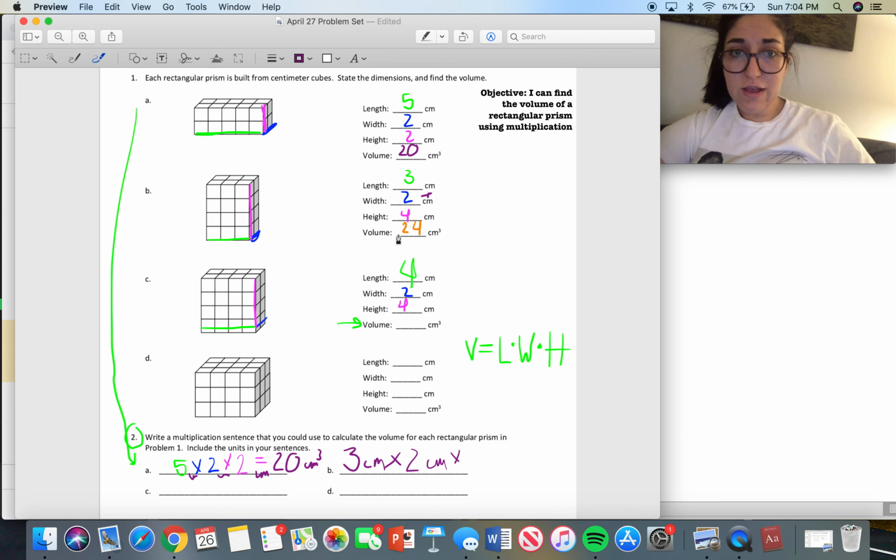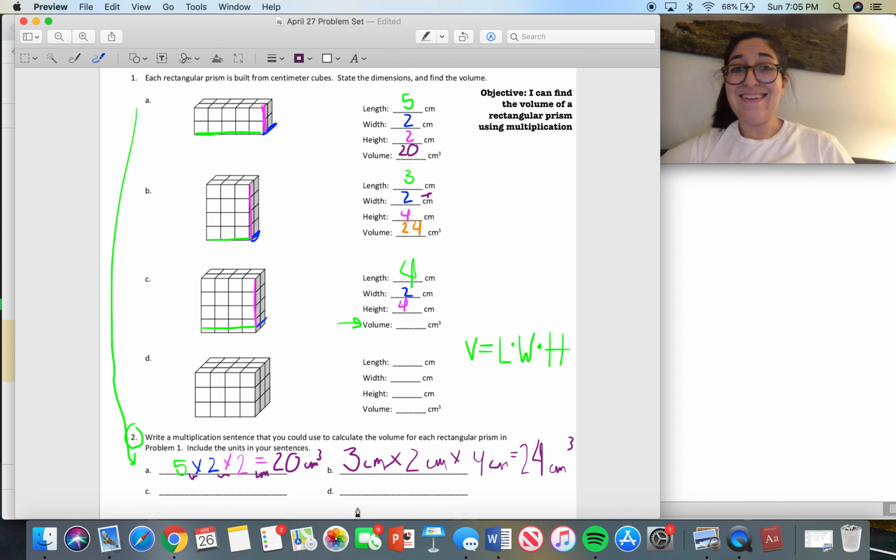Times, what's our last one? 4 centimeters. And what would our answer be from that? Well, 3 times 2 is 6, times 4 is 24. That's what I got here as well, so I'm still on the right track. 24 centimeters. But remember, now I'm dealing with a cube, so I want to write a little 3 to represent cubed.